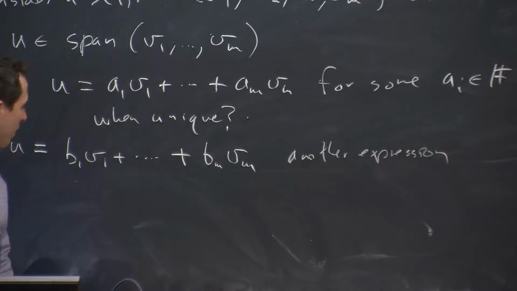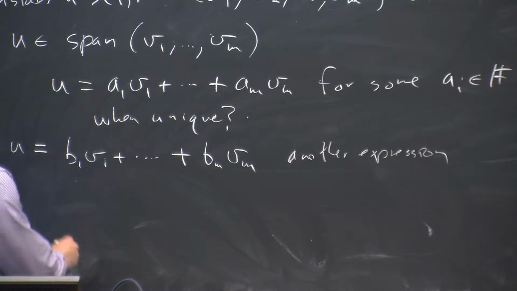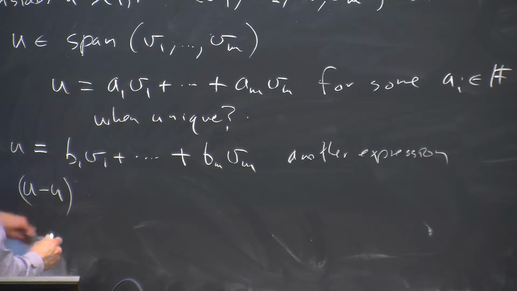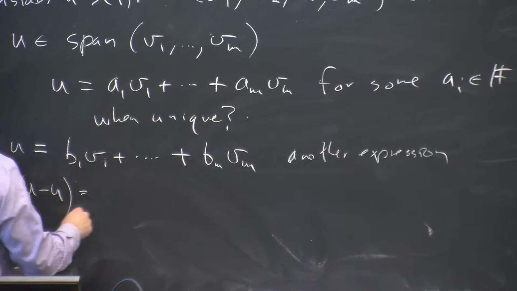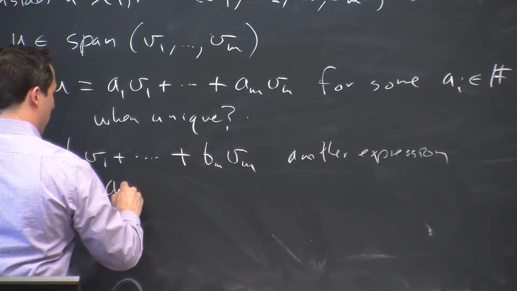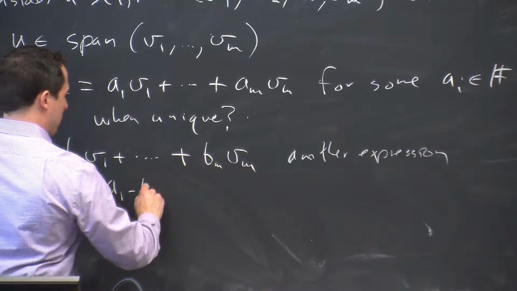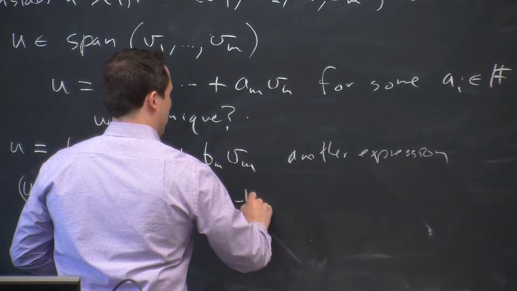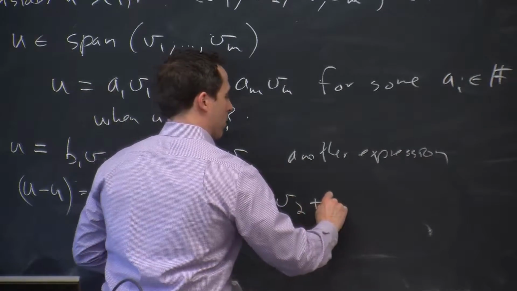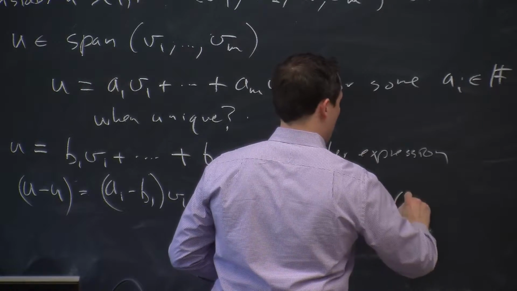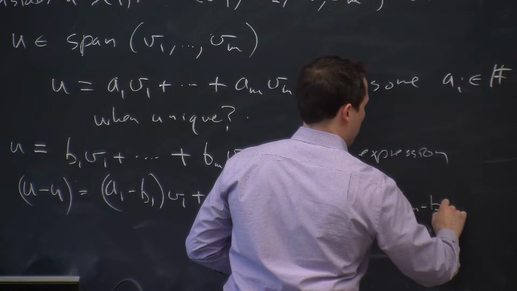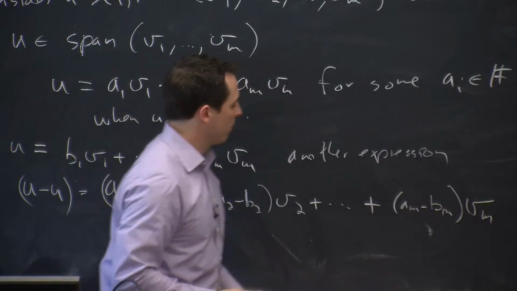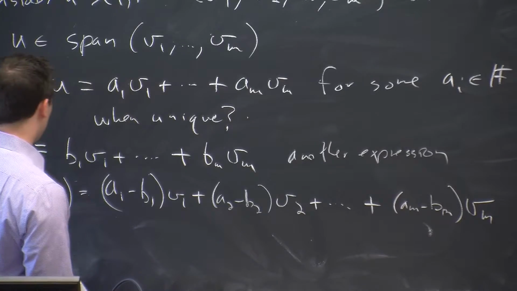I can use my additive inverse and distributive properties to write that u minus u on the left-hand side is equal to, on the right-hand side, (a1 minus b1) v1 plus (a2 minus b2) v2, so on up to (am minus bm) vm.